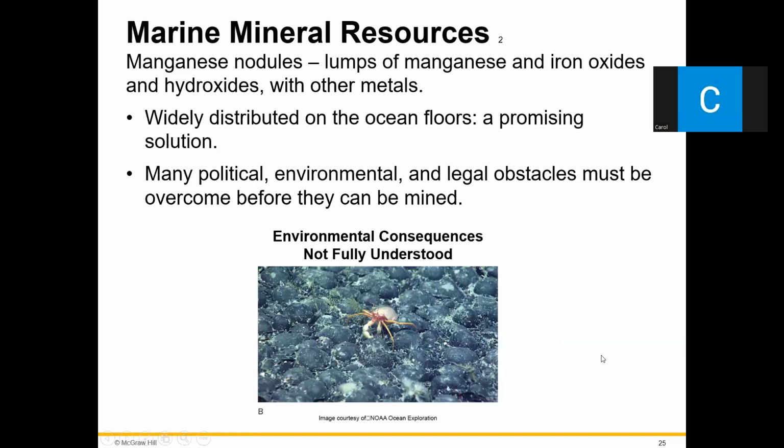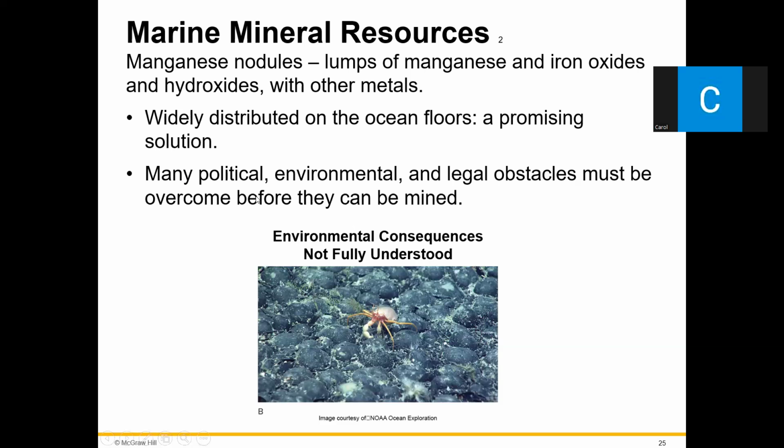There are manganese nodules, which just kind of precipitate out of the ocean water, as it's washed down from the continents and things, it becomes concentrated, and saturated and precipitates out. And they're widely distributed all over the ocean floor. So that would be a nice source, but then how do you get there?